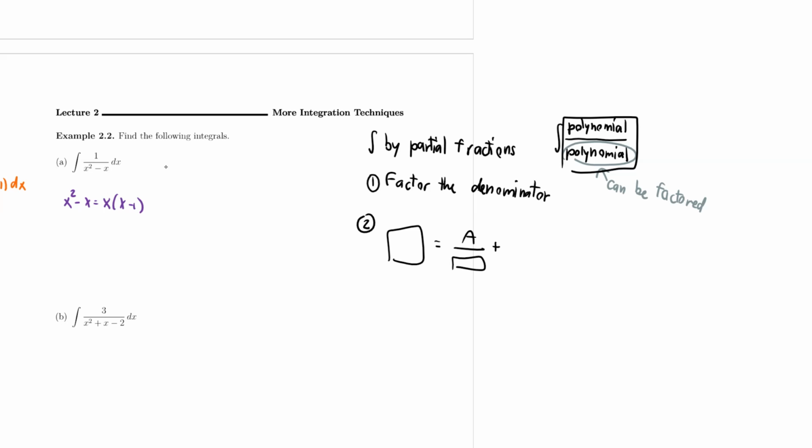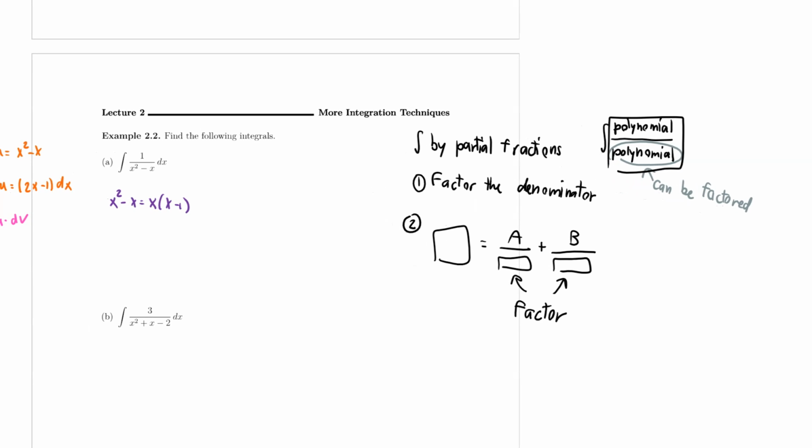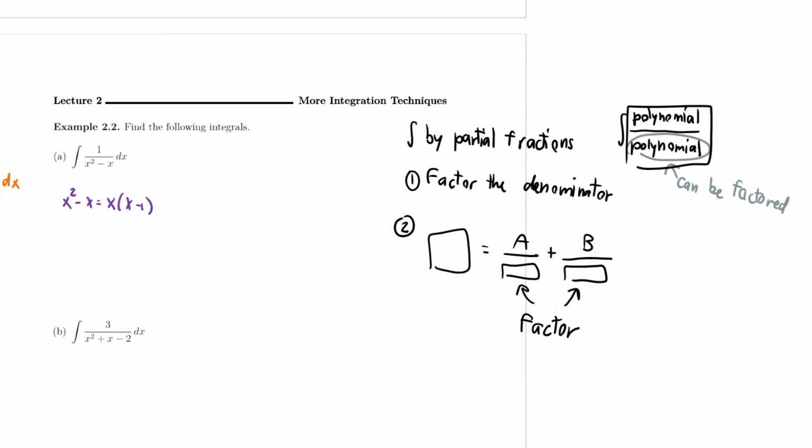So it's going to be A over something plus B over something, where this something is the factor that we found earlier. In other words, I would like to write the function that we see in the integral, 1 over x squared minus x, as a sum of two fractions instead, where the denominators are the two factors we found earlier.